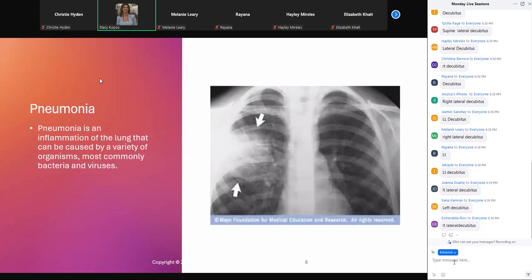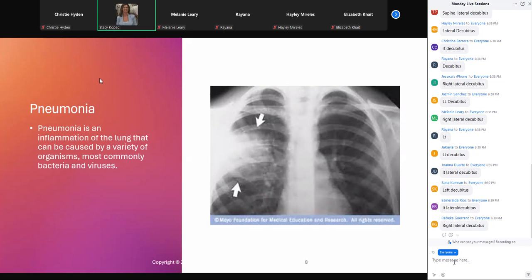So how do we know? How do we decide if we're going to do left lateral or right lateral? The question with chest, if they're asking you which decubitus with chest, the question is, well, where's the pathology? The pathology was in the right side. What's the rule for chest decubitus?